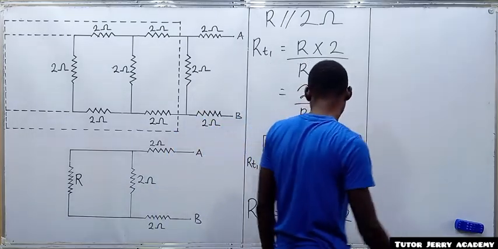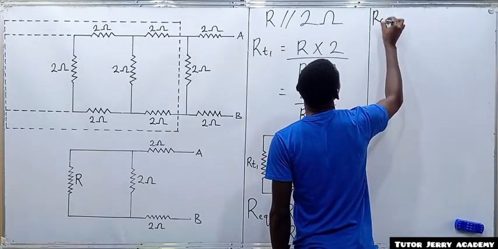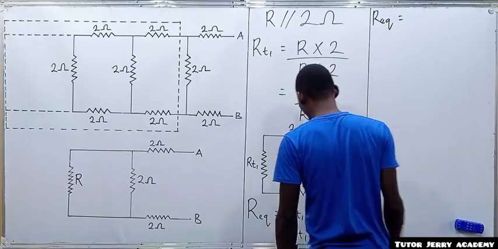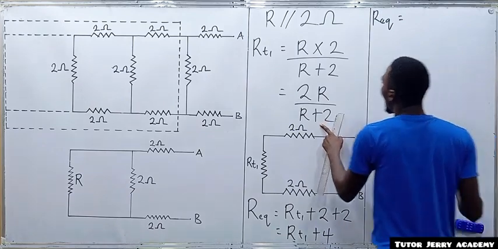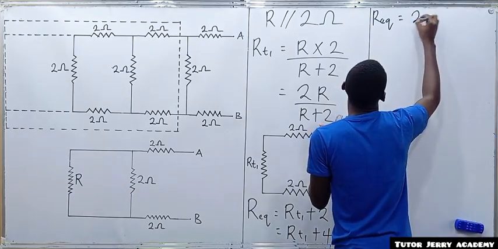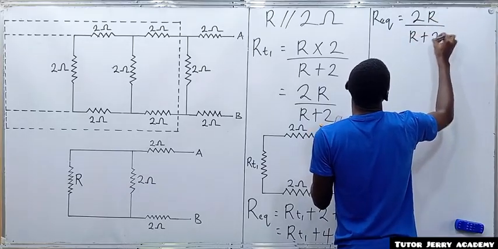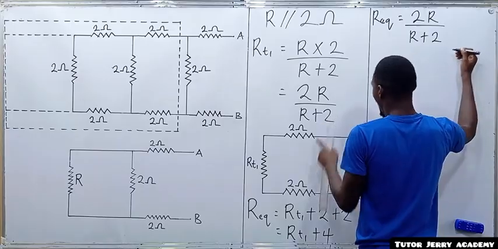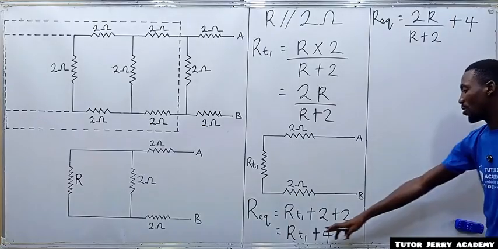So what is our RT1? R equivalent will be equal to, RT1 is 2R all over R plus 2, plus 4. So we substitute for our RT1.